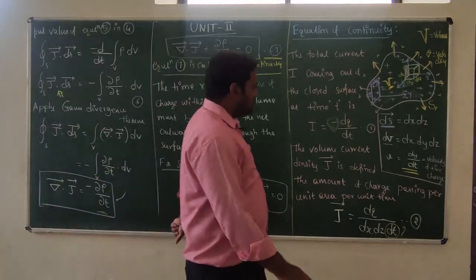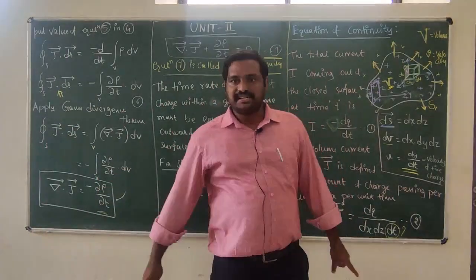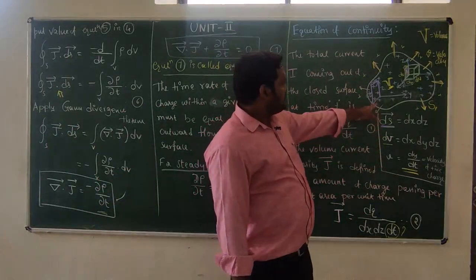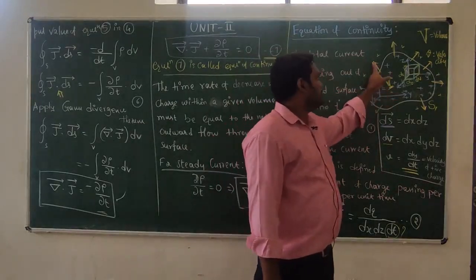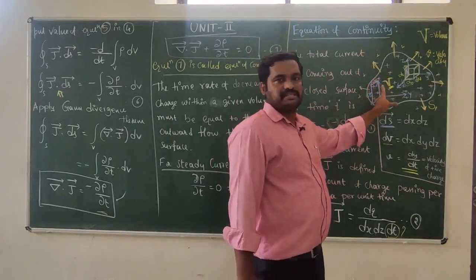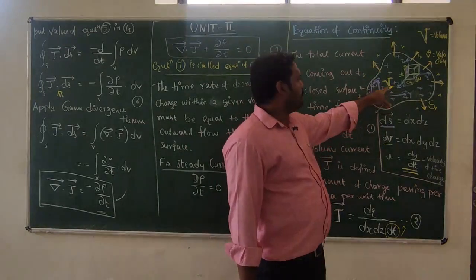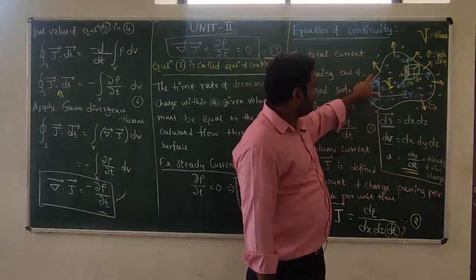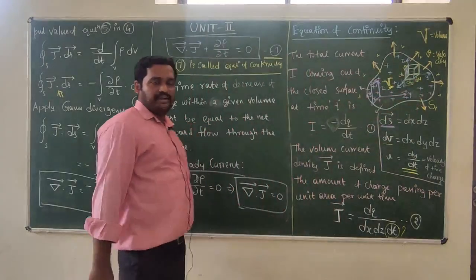Rho is the volume charge density. The reason the negative sign is given is that the charges are going out of the surface. That means the current direction is outward, so the charges are flowing out of the surface, and the number of charges within the volume keeps on reducing.